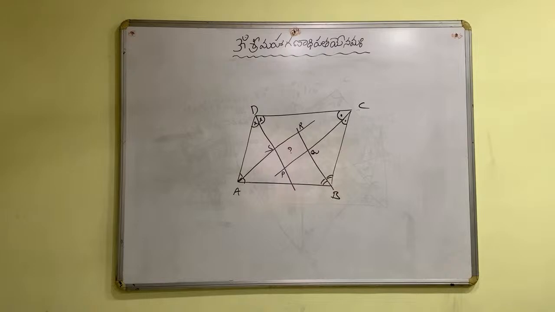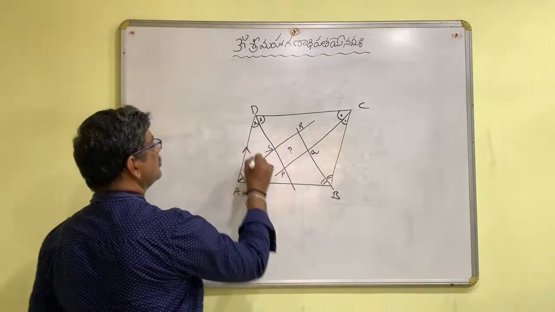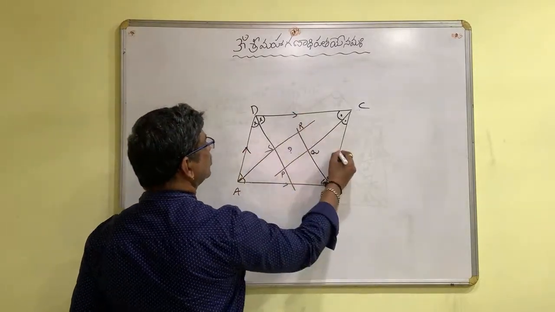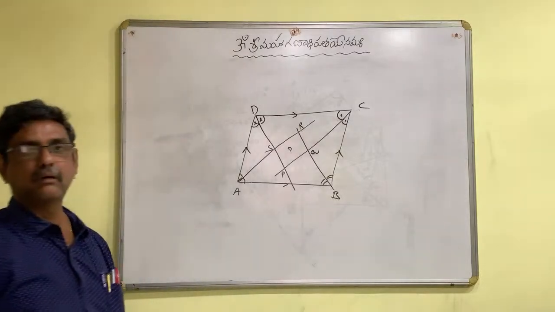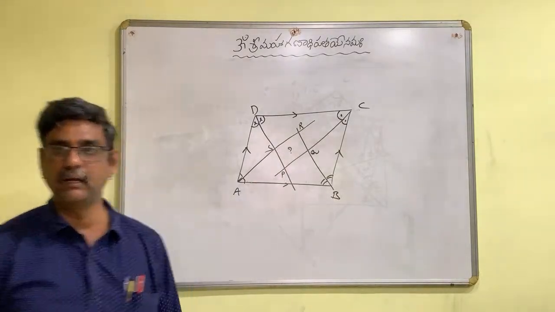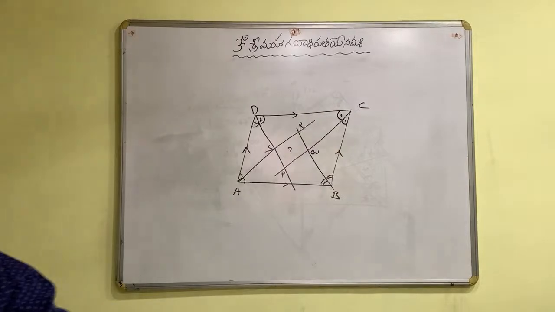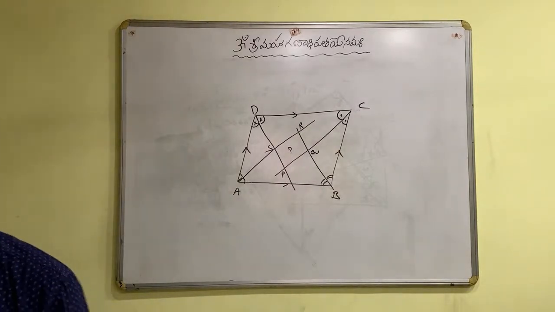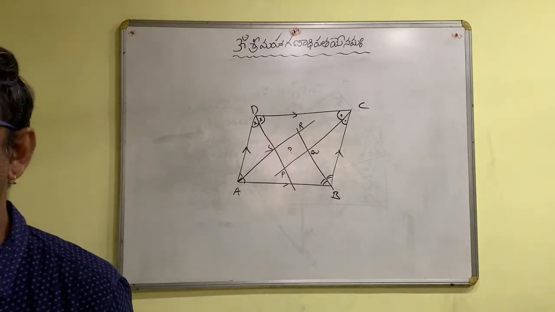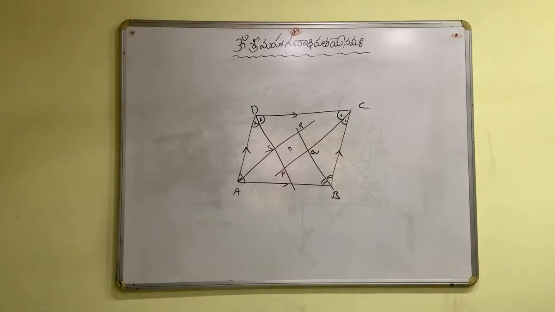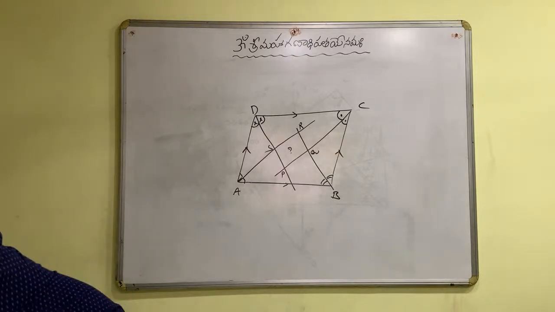The bisectors of all the angles of a parallelogram form a quadrilateral. What type of quadrilateral is it? Can anyone say? What type of quadrilateral is PQRS?